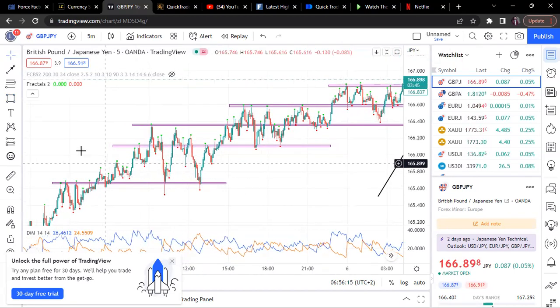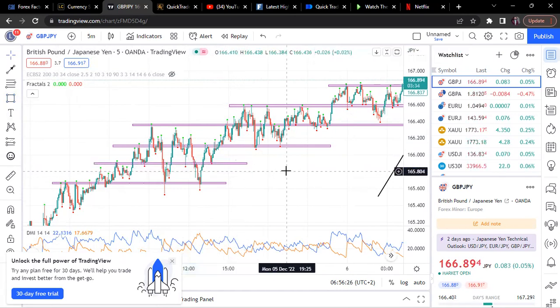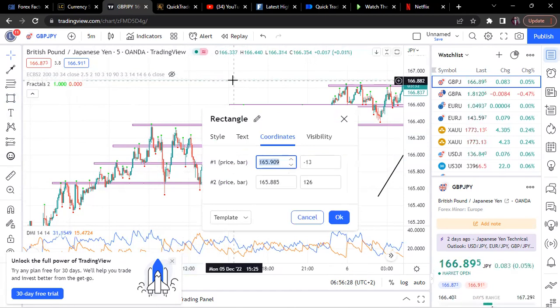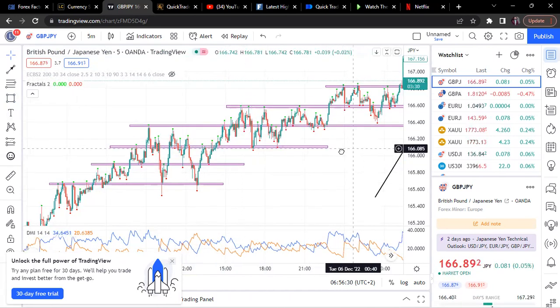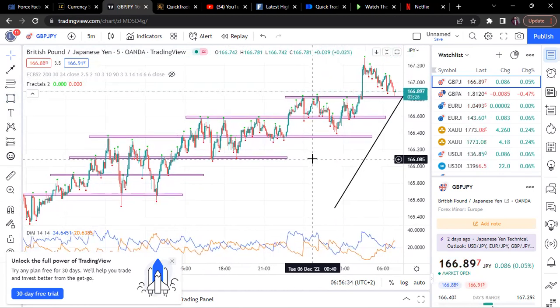Now, remember, on a downtrend we want to identify all the floors because we always want to sell on top of floors. On an uptrend, we want to identify all the ceilings.